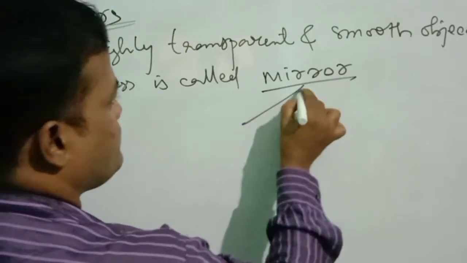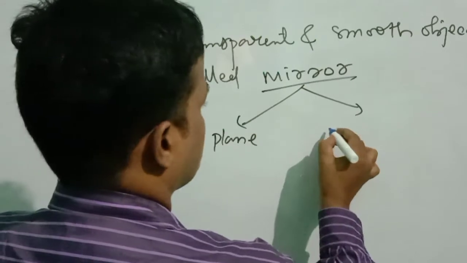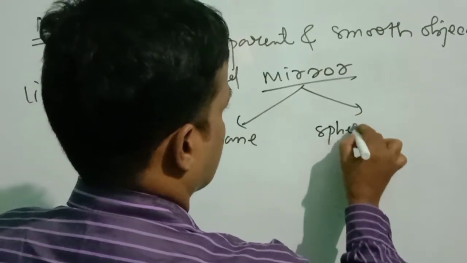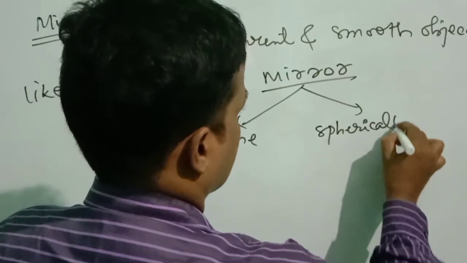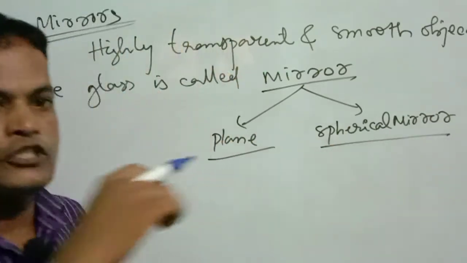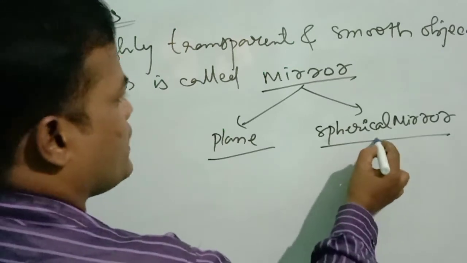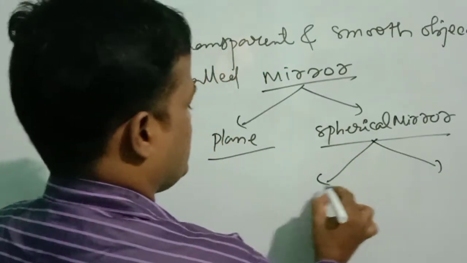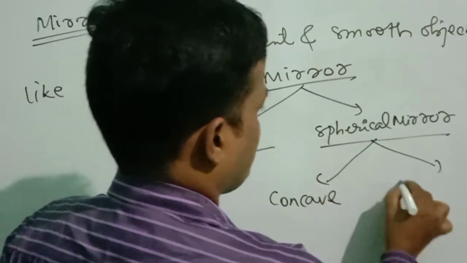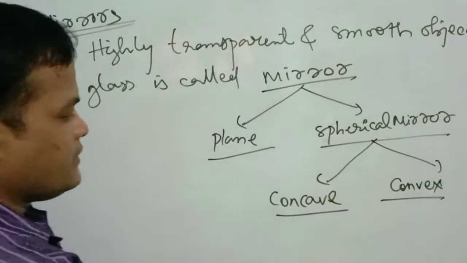Mirrors are of two types. One is the plane mirror, another is the spherical mirror. The spherical mirror is of two types, called concave mirror and convex mirror.